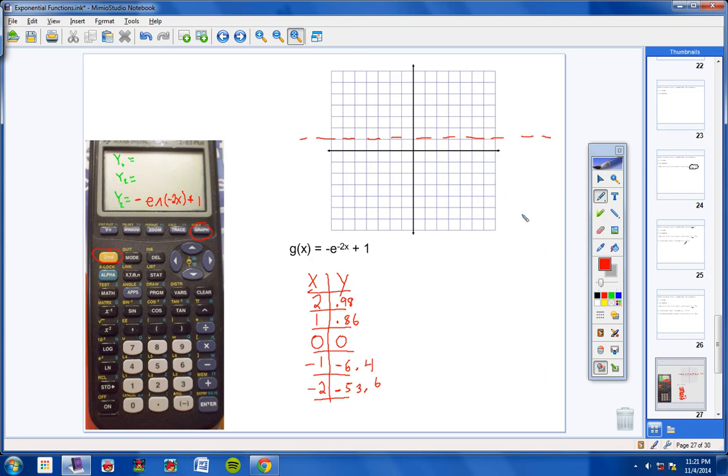So here we go. Over 2 and up 0.98. Over 1, 0.86. 0, 0. -1, -6.4. So this graph here is going to shoot down really, really quick, like this, which is fine.